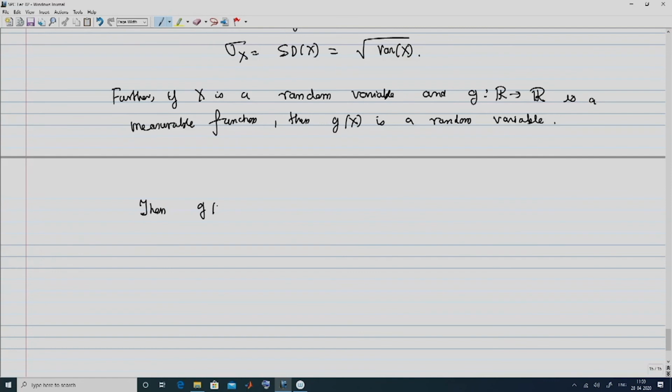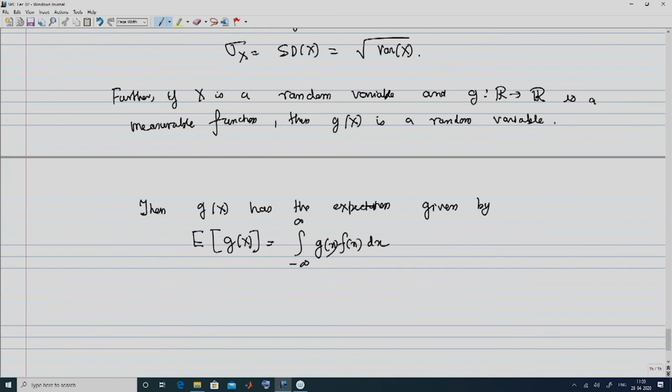Then g of X has the expectation, and the notation for this would be E of g of X, and it is given by the integral from minus infinity to infinity of g of x into f of x dx, provided the integral from minus infinity to infinity of the absolute value of g of x into f of x dx is finite.